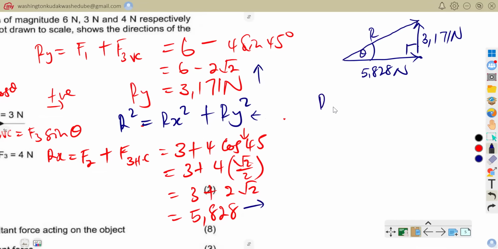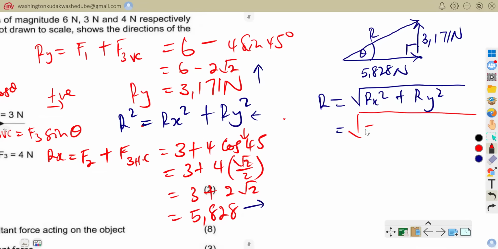So my R is the root of Rx squared plus Ry squared. Now I just need to feed in my values there. It is going to be 5.828 squared plus 3.171 squared.